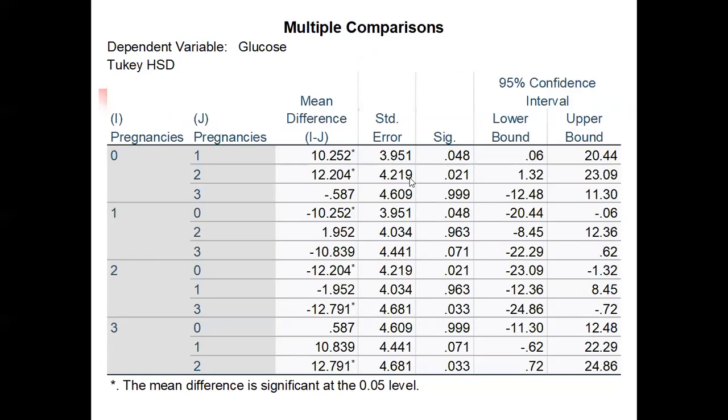Here is your post-hoc test output. The post-hoc test is also called multiple comparison. Depending on your version, you could see post-hoc somewhere in your output. Multiple comparison, comparing many pairs, is what we're doing.